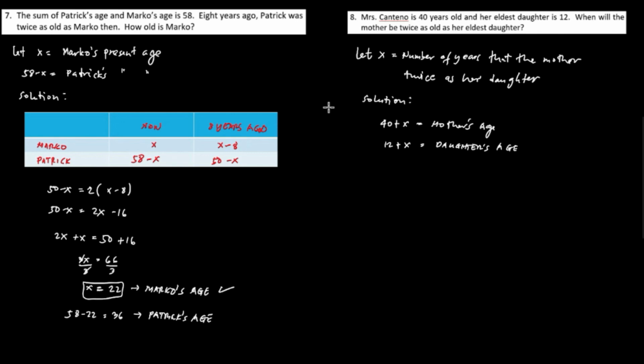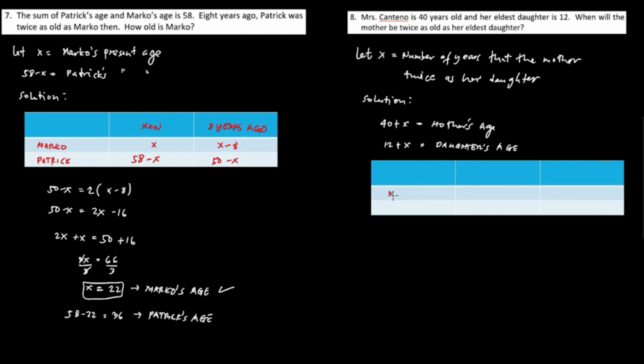Based on the table, so this is mother, daughter. And now, the age of mother, which is 40, and the age of daughter, 12.